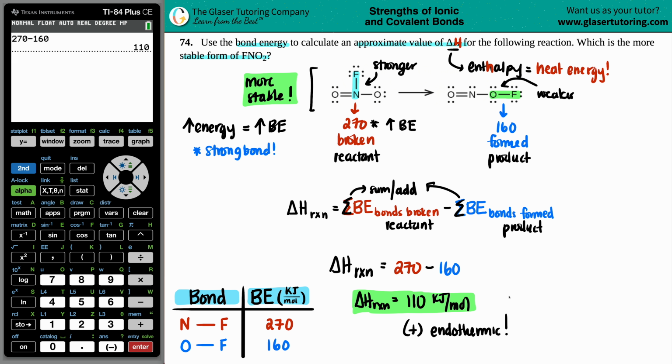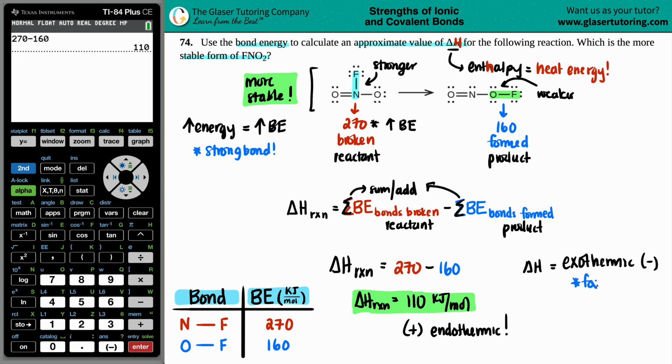Now, in terms of stability and the more favorable type of enthalpy, just know that an exothermic reaction is favorable. So we're looking for negative values for delta H. This is always the more stable, or we'll say the favorable reaction.